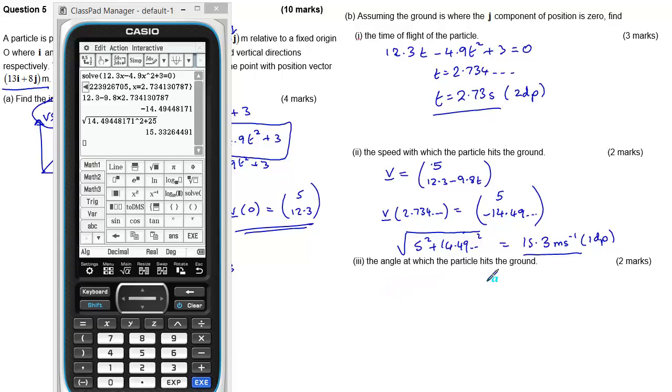Finally, we want the angle at which the particle hits the ground. So we know it's going 5 across and 14.49 and so on down. So this is when it hits the ground, and let's call this the angle theta. So we can say that theta is going to be the inverse tangent of 5 over 14.49 and so on.